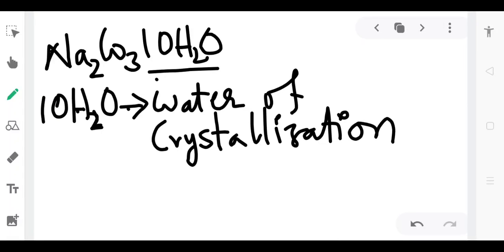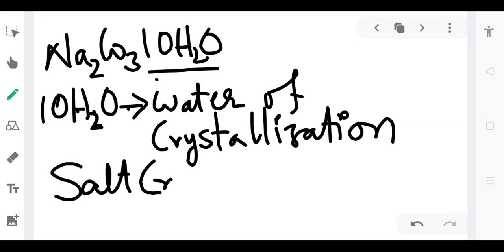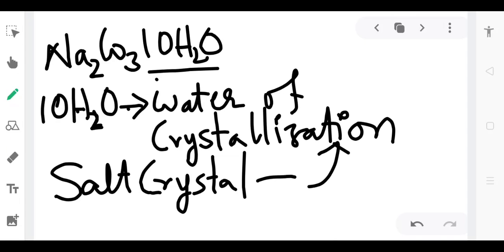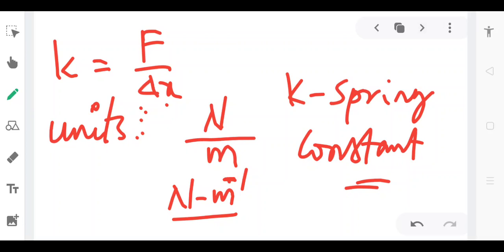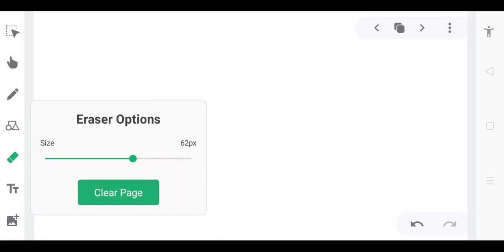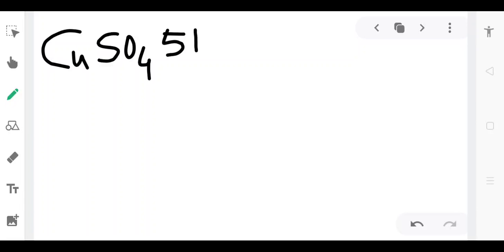So how to prove that each salt crystal contains some water of crystallization? To prove that, there is an activity. The formula for copper sulfate is CuSO4.5H2O.